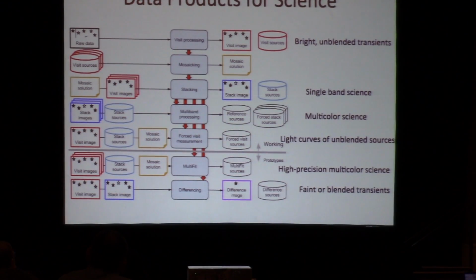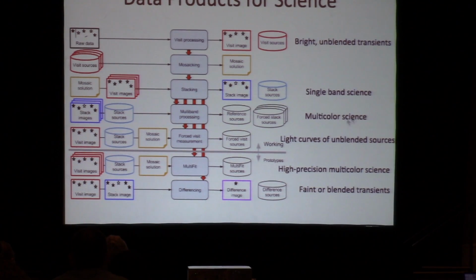This is my view of our pipeline. It's simplified compared to Jim's diagram, but you can see here that each of the pipeline stages maps to scientific goals. For example, the single frame processing is good for bright unblended transients.